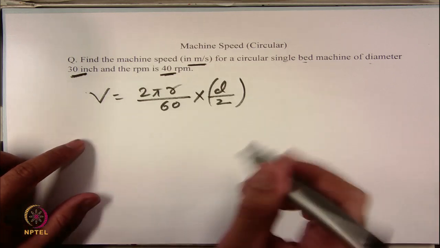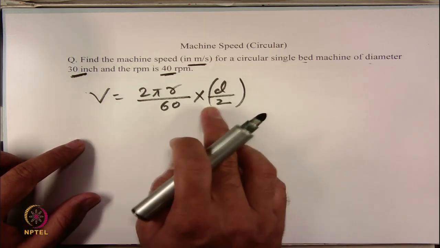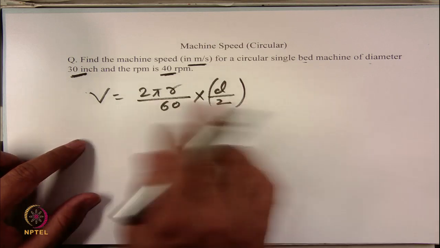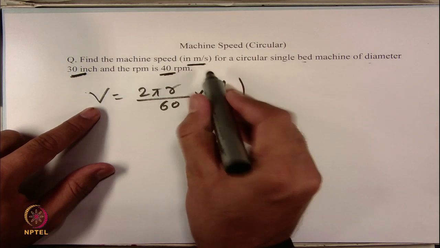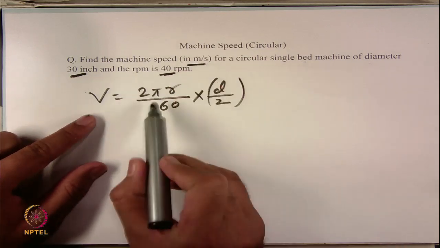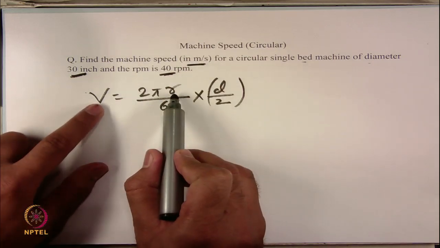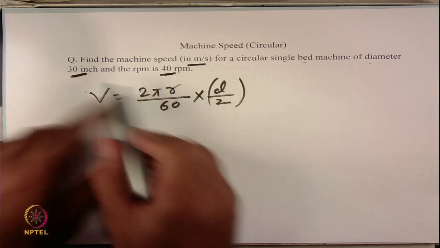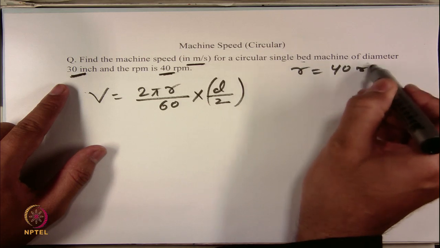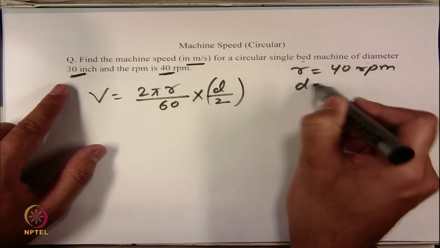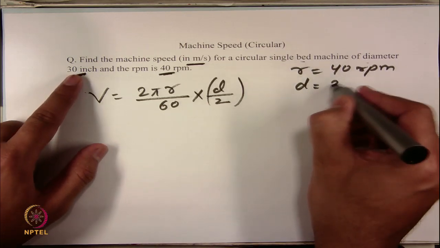So, you have to be very careful with the unit, because here the velocity is asked in meter per second and your RPM is given as 40 RPM. So, R is equals to 40 RPM, D is equals to 30 inch.